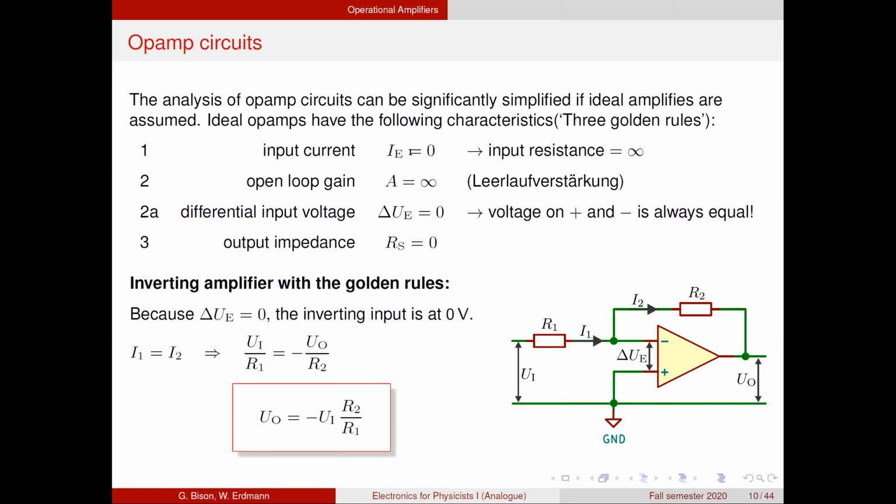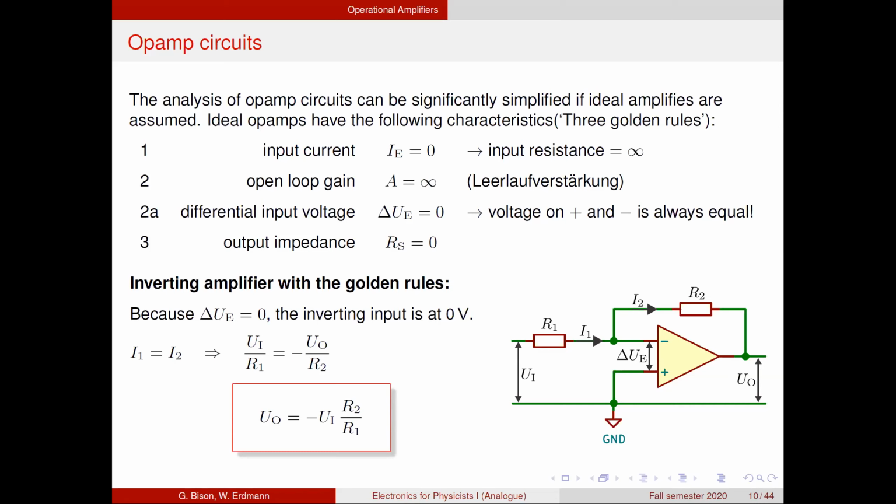Then the open loop gain is infinite, and this is rule number 2. And actually a more useful rule which follows from that is that in a stable configuration, the difference of the 2 voltages on the plus and minus input is 0. And then the third rule is that the output impedance is 0, which means that the op-amp can deliver arbitrarily large currents to drive the voltage that it wants to drive.